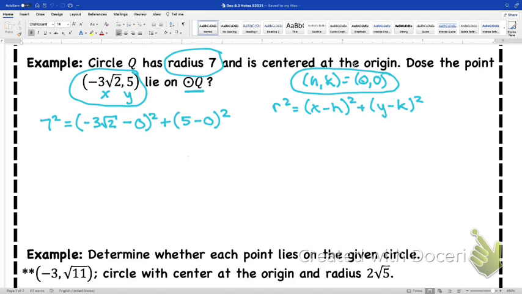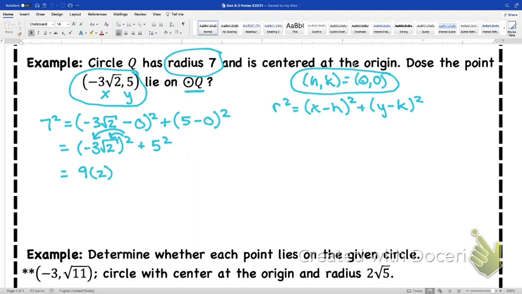Okay, so since it's minus 0, I just have negative 3 square root of 2 squared plus 5 squared. So remember, this square has to go to both, yes? So negative 3 times negative 3 is 9, times, what's the square root of 2 squared? 2.